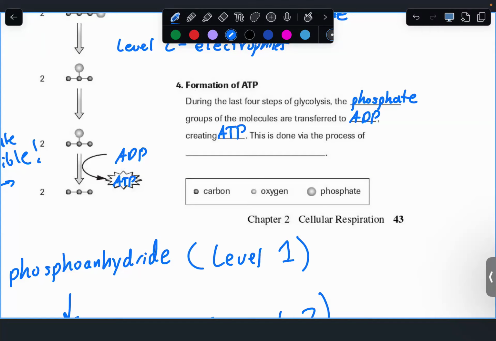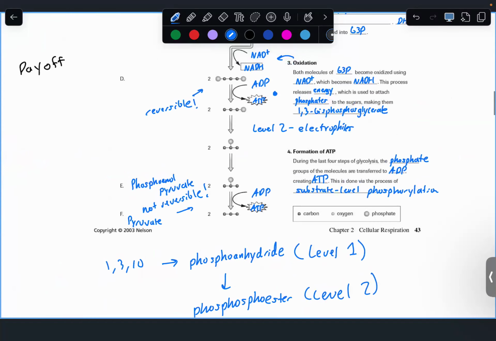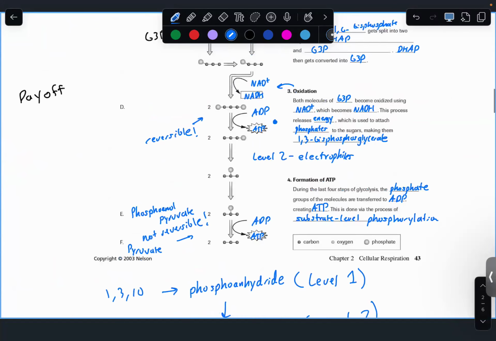This is done via the process of substrate level phosphorylation. And then this last molecule is 1,3-bisphosphoglycerate.